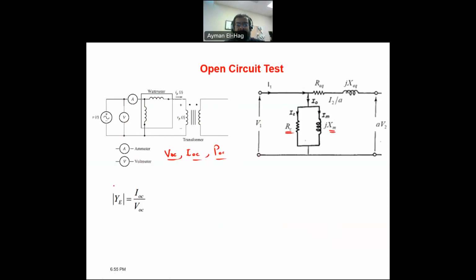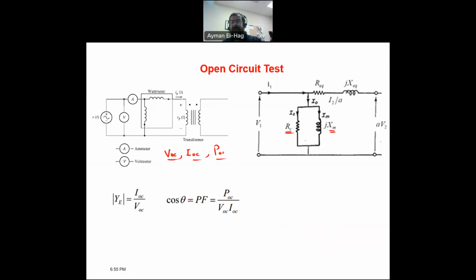We calculate the magnitude of the admittance. The admittance is actually 1 over Z, the inverse of the impedance, found by dividing I open circuit over V open circuit. Now, this is only the magnitude, but we also need to find an angle because this is a vector. How do we find the angle?